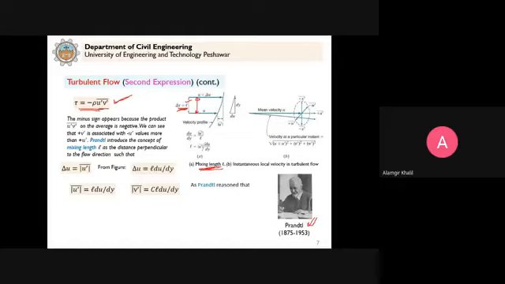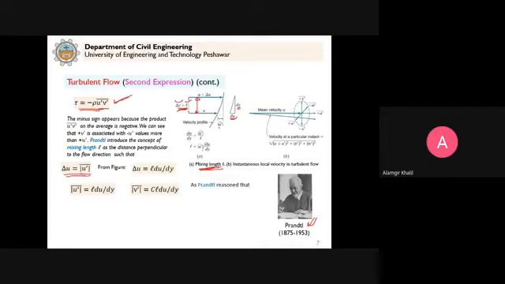If we compare these similar triangles, this is du, the change in the velocity, in a distance dy. Clear? Similarly, we have this delta u that we take as equal to u dash bar. So this delta u will be equal to the time average of these fluctuations in the x direction.